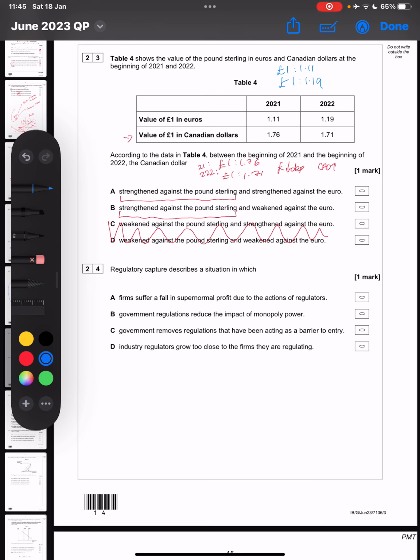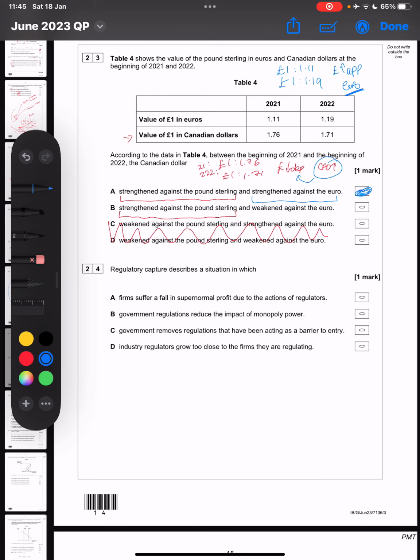So what we see here is that the pound is able to buy you more euros than before, so the pound has actually appreciated against the euro. But because the Canadian dollar has increased against the pound, the Canadian dollar must have appreciated even more against the euro. So it should also be strengthening against the euro, which gives us A.